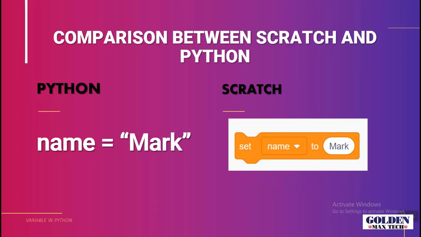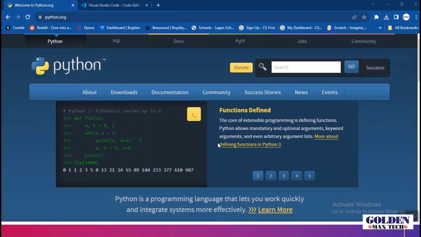In Scratch, what we did is similar to what we are going to do today in Python. In Scratch, we first created a variable, we gave it a name, and then went ahead to assign a value to our variable.